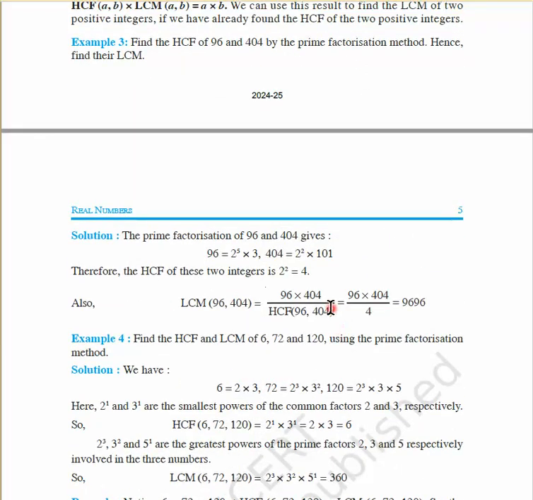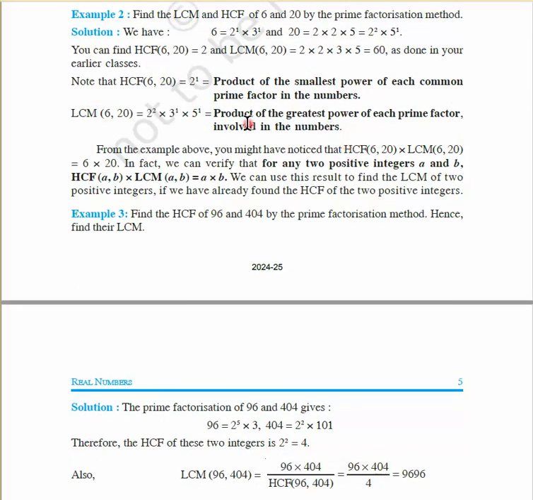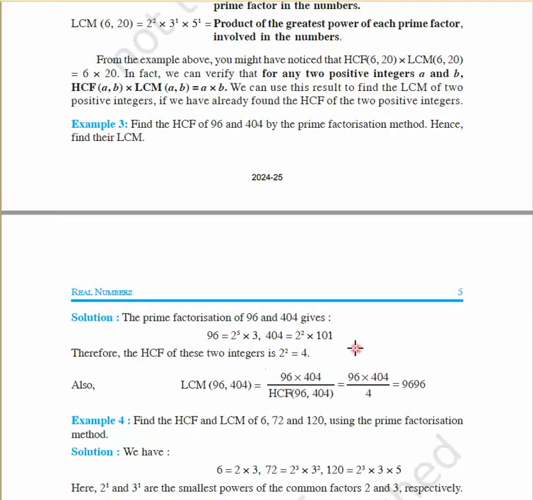This LCM you could have found by this earlier approach also, the product of the greatest power of each prime factor. So if we take the greatest power of each prime factor, then 101 multiplied by 3 multiplied by 2 raised to power 5 will give you 9,696. You can try that.